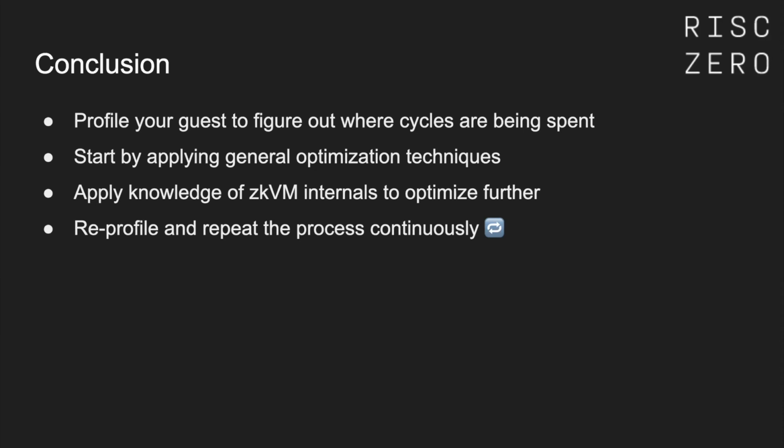The binary size has no direct effect on the runtime, either cycle counts or proving time. What it can affect is the number of cycles your program spends if your binary is more spread out across memory. The first time you access a page in memory, you have to pay the page-in cost.